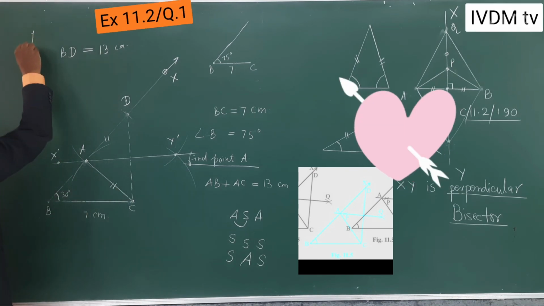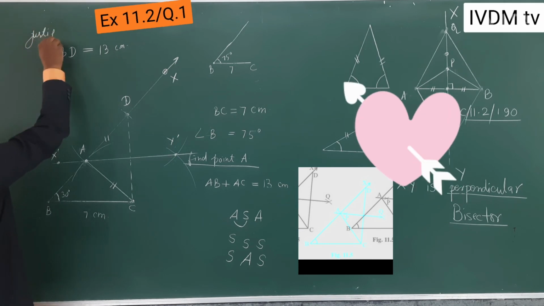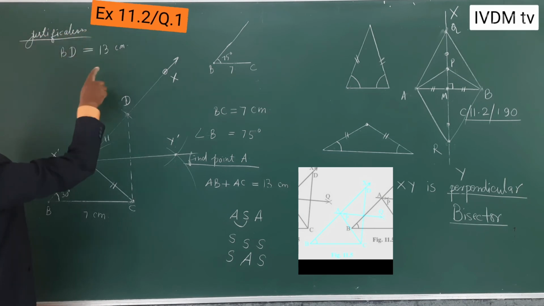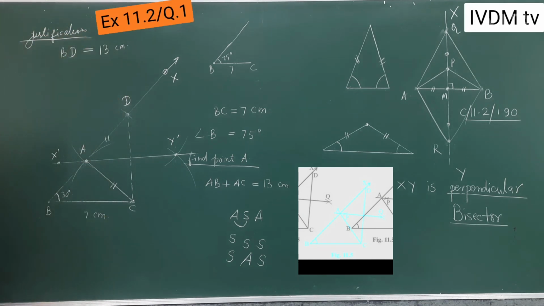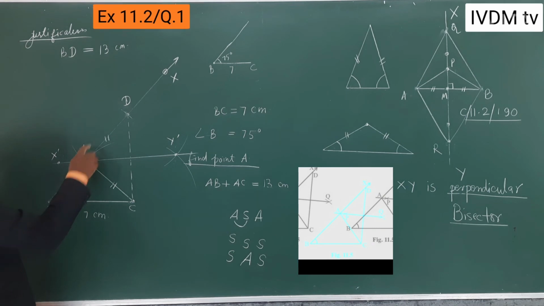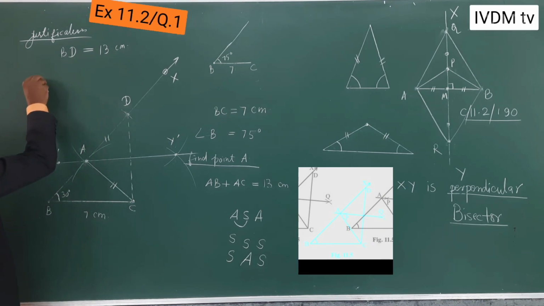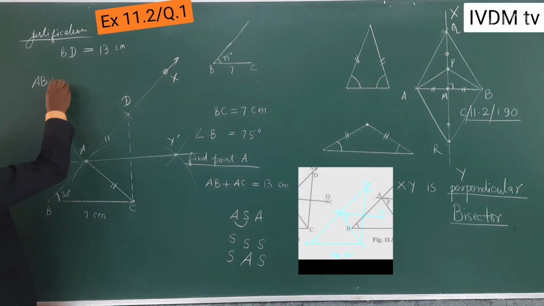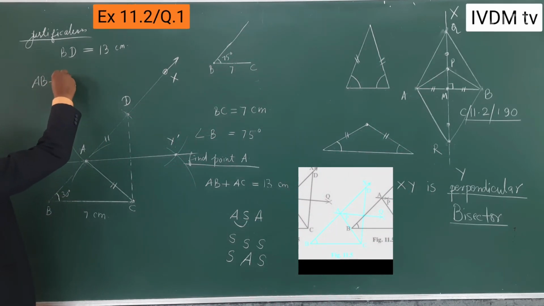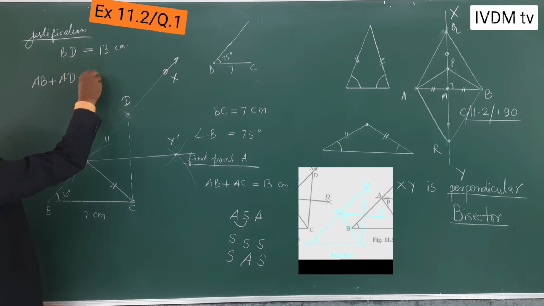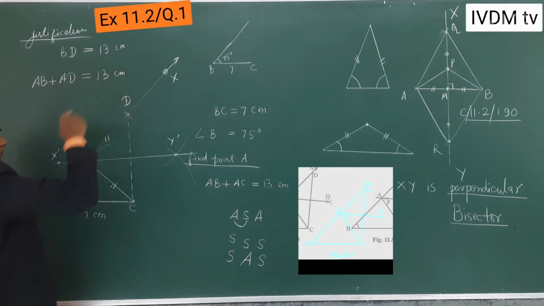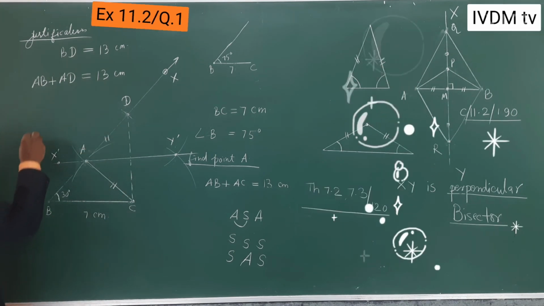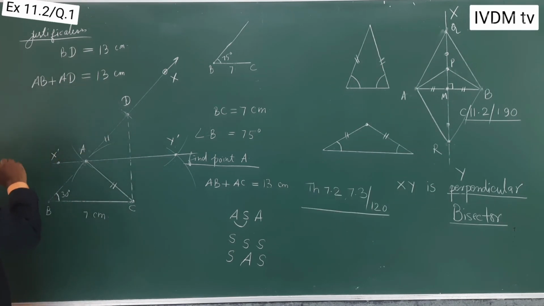Now justification. BD is equal to 13 centimeter. BA plus AD, AB plus AD is equal to 13 centimeter. AD is equal to AC.